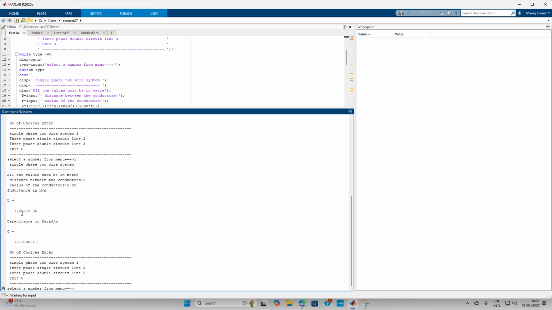L is equal to 1.0521 e power minus 6 Henry per meter. Similarly, the capacitance value is 1.1103 e power minus 11 farad per meter. This is the simulation output we get after we write the program and run it. These are the experiments for transmission line parameters. Thank you.